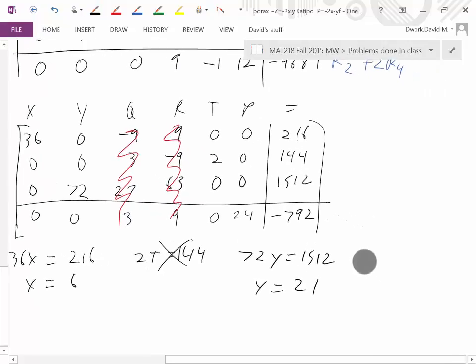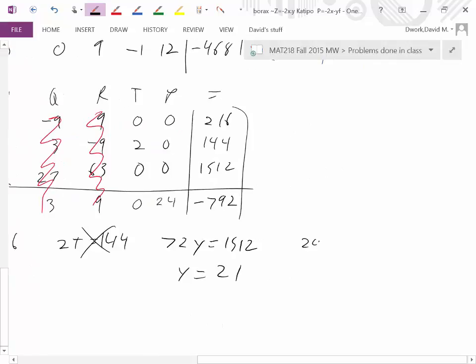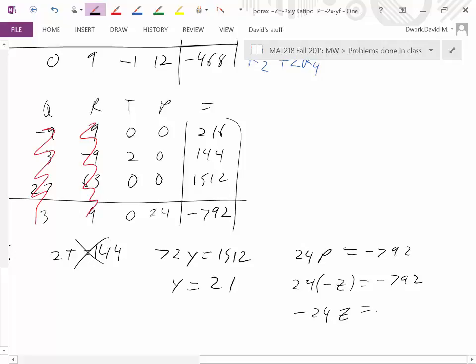Okay, last but not least, for our objective equation, we can see 0x, 0y, 0q, 0r, 0t. So we're just going to end up with 24p's is equal to negative 792. And if you remember, p was really the same thing as negative z way back up above. So therefore negative 24z is equal to negative 792.